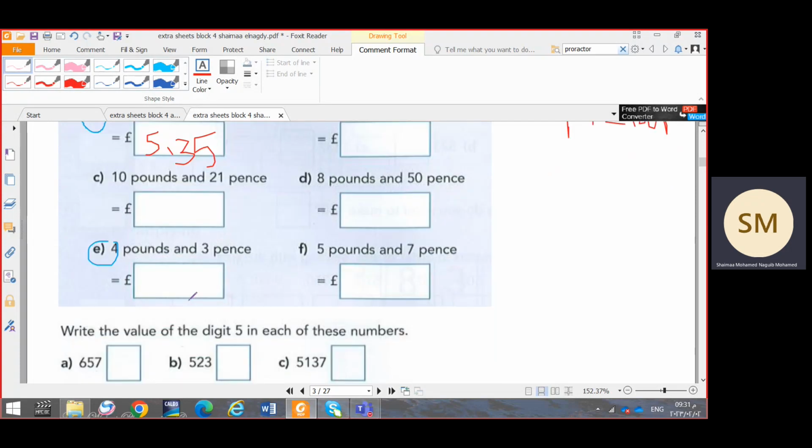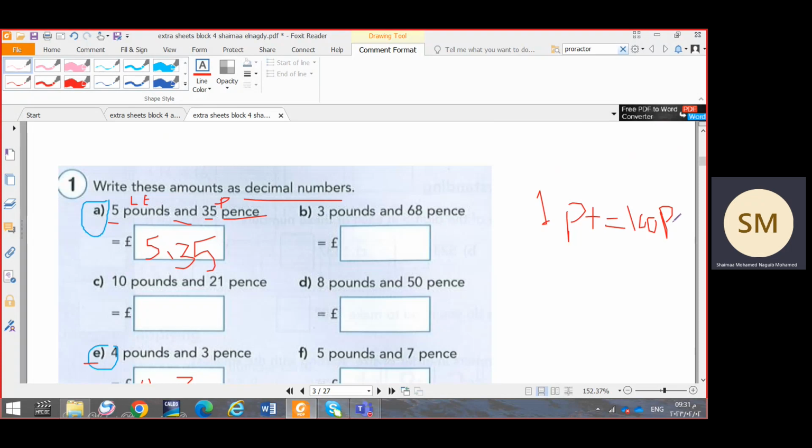Let's move to another type, and I think you will face a problem on this one. 4 pounds is the whole number. And what about 3 pence? I see one of you wrote 4.3. It's not 4.3. We said before that 1 pound is 100 piasters. So if I turn piasters into a decimal, you will divide by 100.